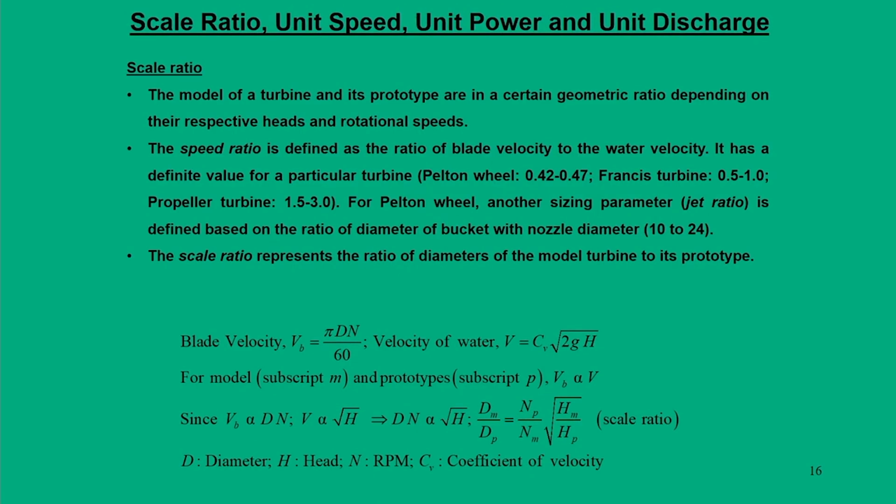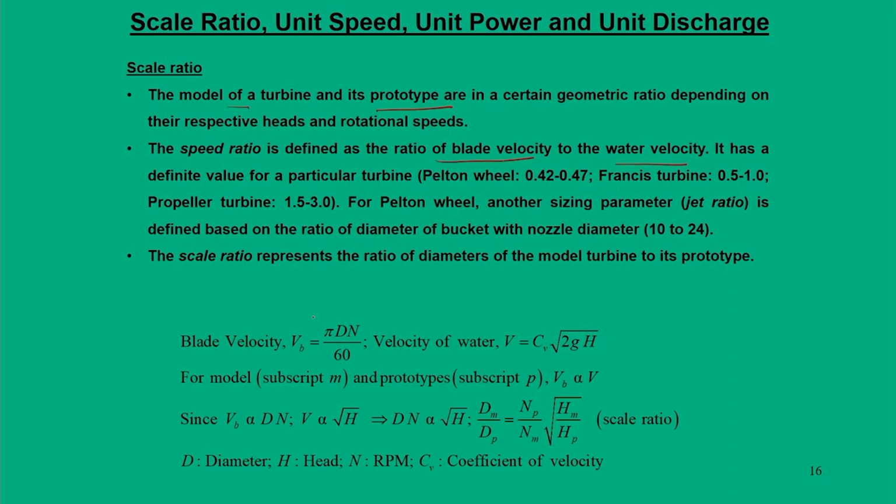Another significant feature of considering model and prototype is the scale ratio, unit speed, unit power and unit discharge, which are mainly related to the model and prototype. Previously we defined some terms like speed ratio, which is the ratio of blade velocity to water velocity.